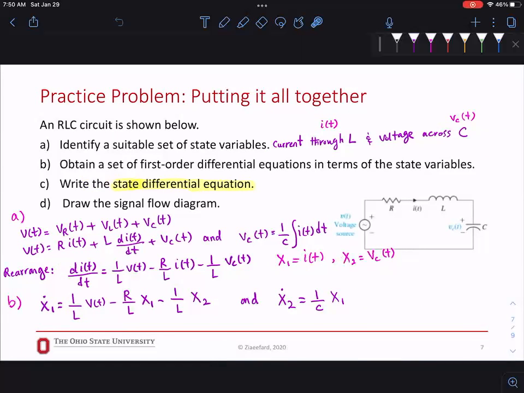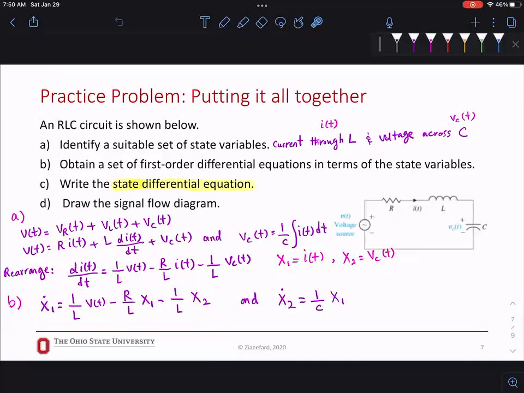So it's 1 over L V(t), and this is my U, I'm going to leave it as it is, negative R over L I(t), which is X1, minus 1 over L VC(t), which is X2. So this is now only based on X1 and X2. Now this could be any system, it really doesn't matter anymore. So we went from an RCL circuit to a system.